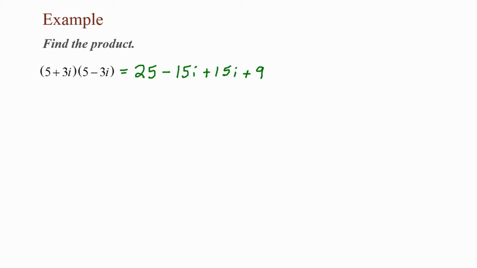Adding my real numbers, this would equal 25 plus 9 is 34, and then negative 15i plus 15i cancels completely. So my final answer is the real number 34.